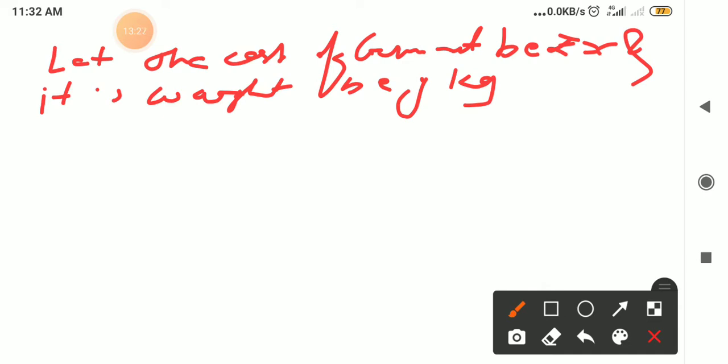They told you cost is directly proportional to the weight. So x is directly proportional to y. Same steps: we have to remove this sign, so we take x = ky.